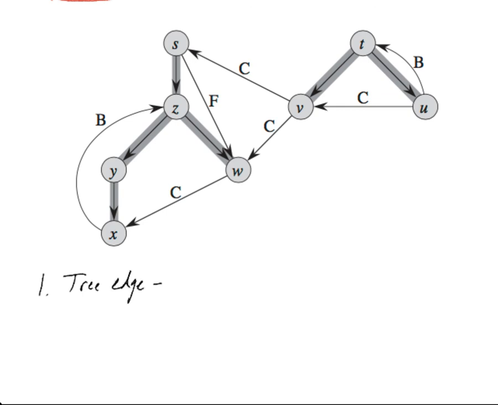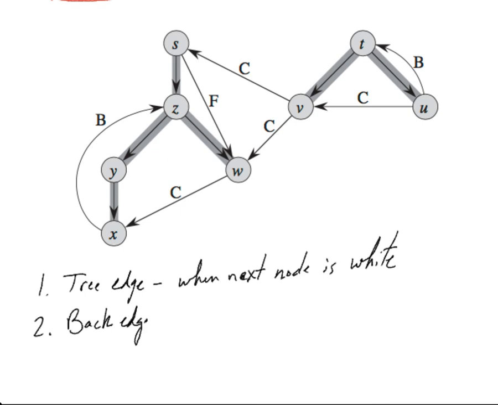And it's a tree edge when the next node is white. We have a back edge. And that's when the edge UV connects U to an ancestor V. We'll do examples of these.